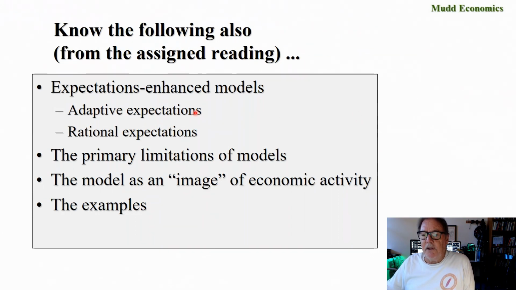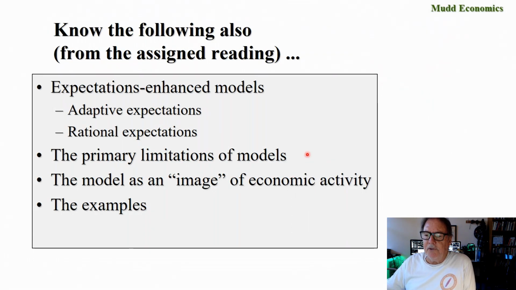But specifically, I want you to know the difference between adaptive expectations and rational expectations, and I want you to understand that difference based upon what is written in the text, because I'm not likely to spend much time covering it in the actual lecture.